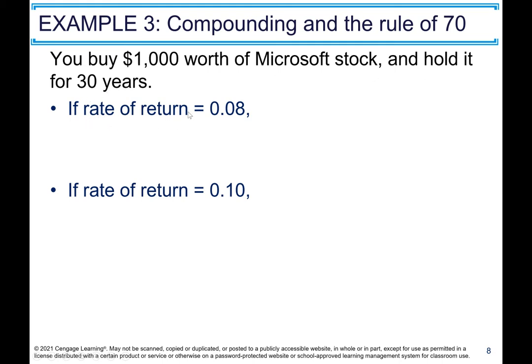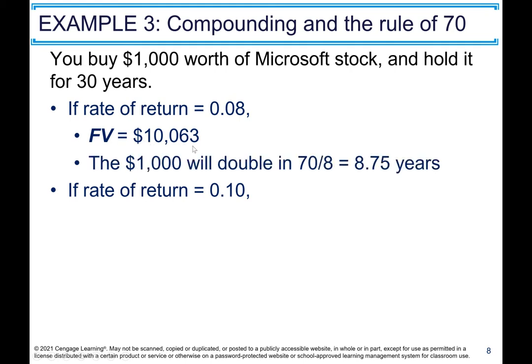The rate of return is 0.08, and also consider a rate of return of 0.1. When the rate of return is 0.08, the future value is $10,063. The $1,000 will double in 70 over 8, which is 8.75 years.